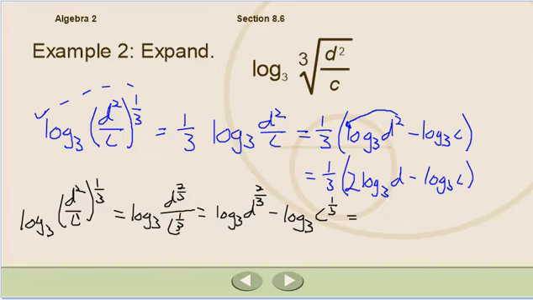So we have 2/3 log base 3 of d minus 1/3 log base 3 of c. And these two are the same. Notice if I just distributed in this 1/3, we get the same thing. So either answer here is fine. So that's expanding.